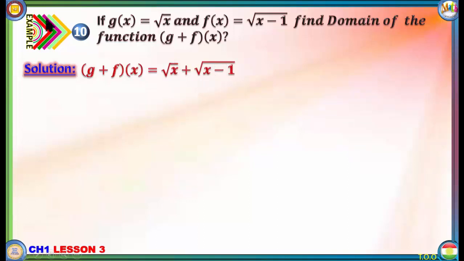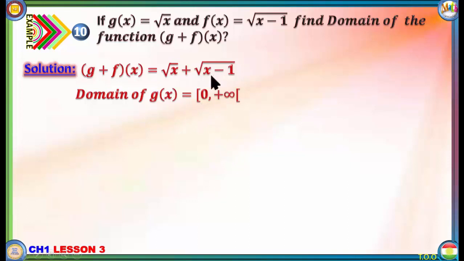To find the domain of this function, first find the domain of the square root of x, which is g(x). Because we have a square root, take what is under the square root bigger or equal to 0. That means the domain of this function g(x) is from 0 to positive infinity.